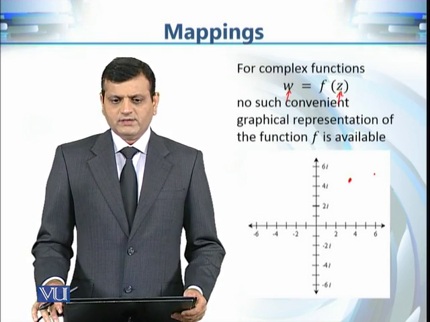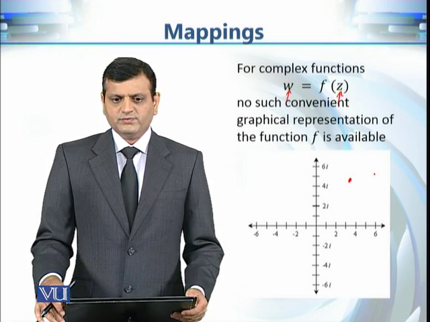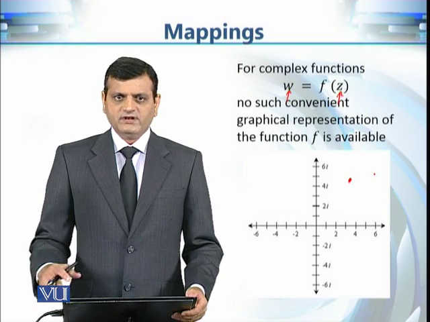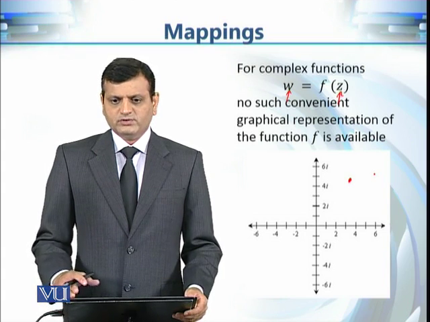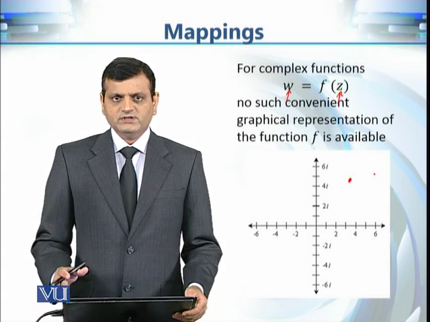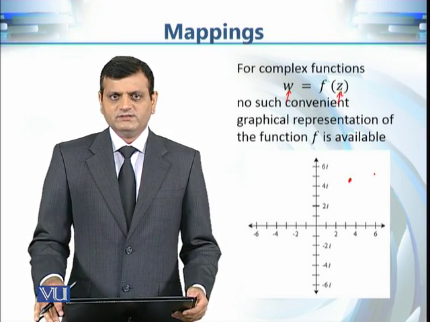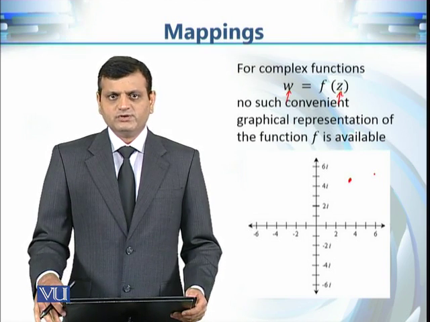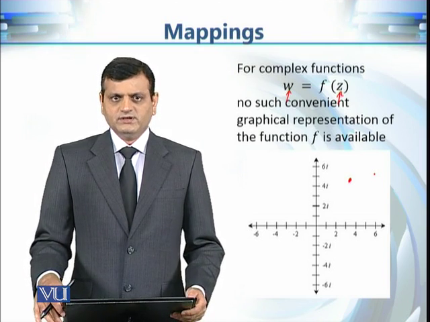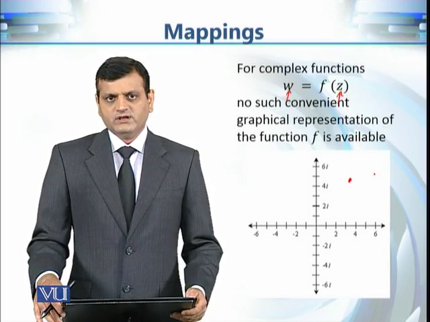Following the same procedure as for real valued functions of one variable, we take the domain axis and the range axis. In this case the domain is a plane R2 and the range is also a plane R2. So if we follow the same procedure, the graph of these functions is going to be in R4, which makes it very difficult to observe geometrical properties.